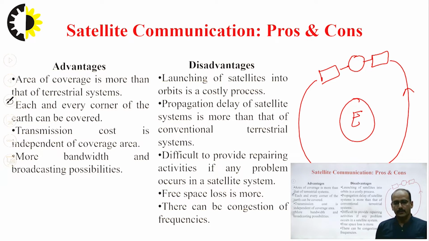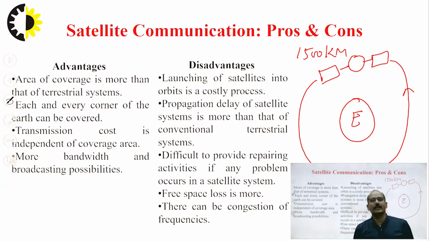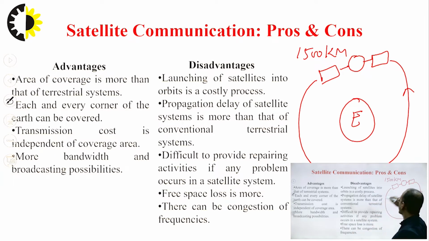As you already discussed for ground wave, space wave and sky wave propagation, the communication is limited to around 1500 kilometer range, because for greater than 1500 kilometer we do not get line of sight communication on the earth. That's why satellite communication came into the picture.